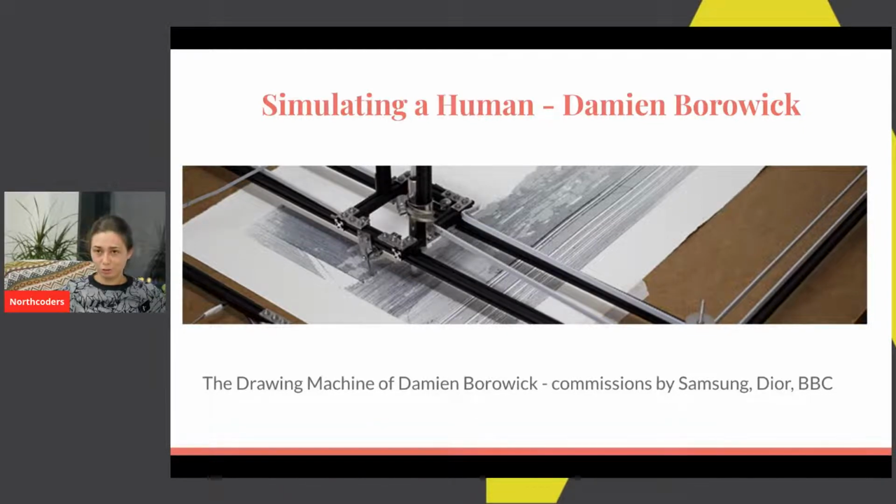Not even holding the shift key on a digital application brings such satisfaction as seeing this machine in action. And the drawing machine itself has been commissioned by companies of the caliber of Samsung, Dior, and BBC to create artworks for different advertisements and different projects that they've been working on.